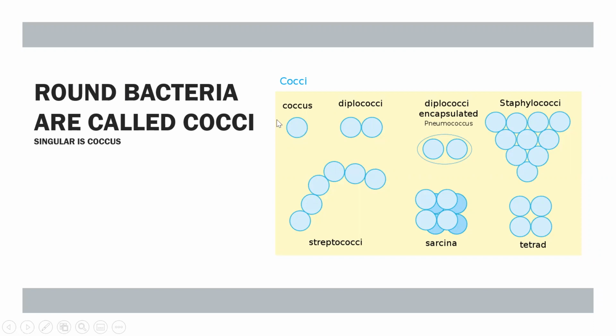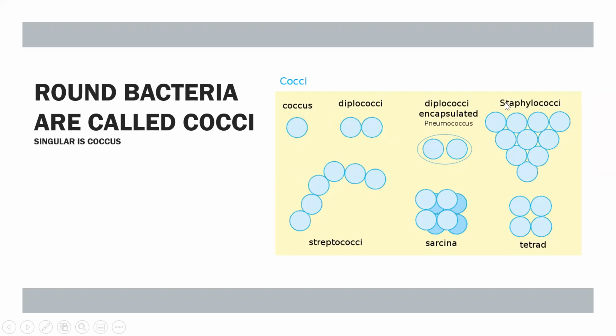So as you can see, you've got one coccus cell, and then it divides and becomes two, but they don't really move very far away from each other. Now, sometimes you will see them become encapsulated together. What that means is that if this particular type of bacteria has a capsule, the capsule will go around both of the two bacteria that are stuck together.